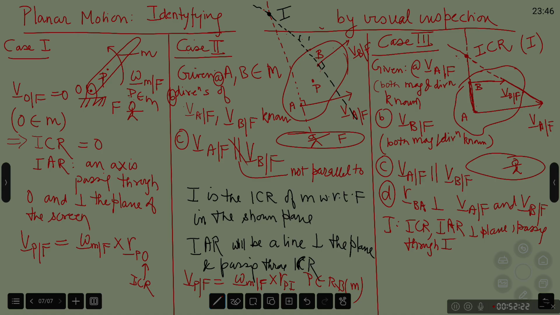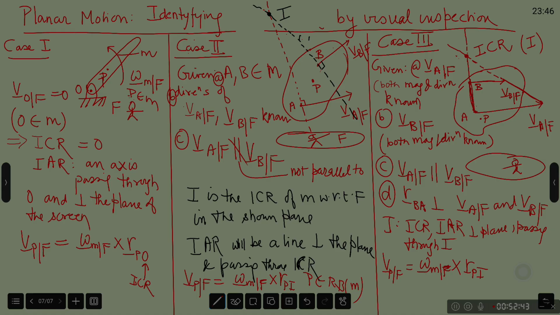And then velocity of any particle P on the body can be written as omega cross r P I. This is the third case for us.